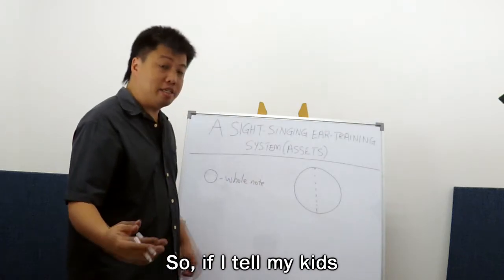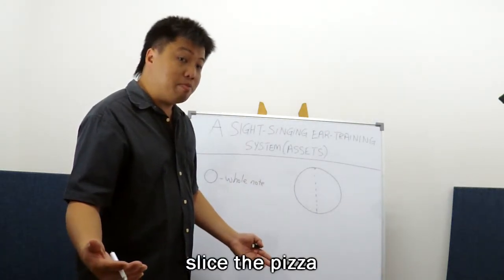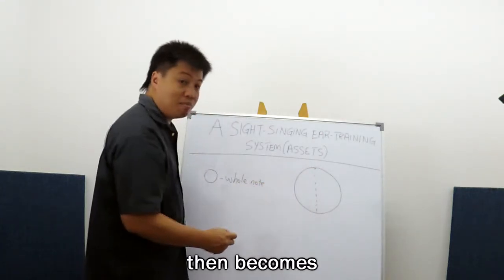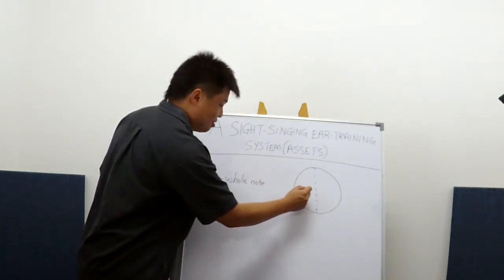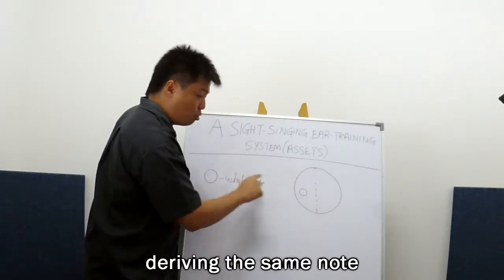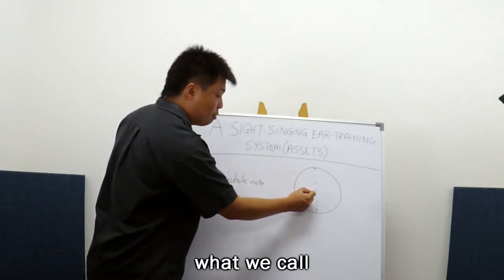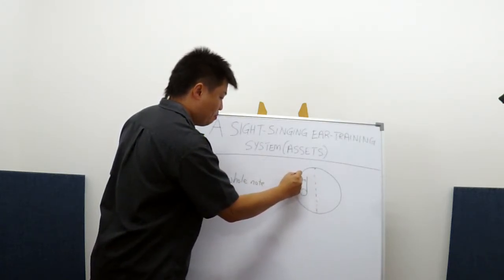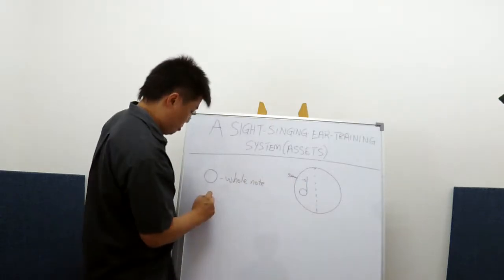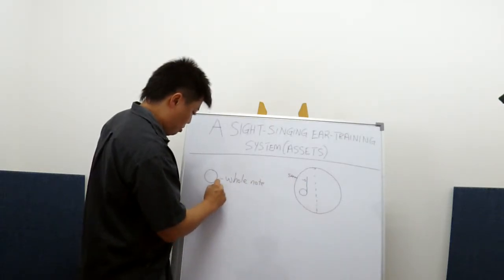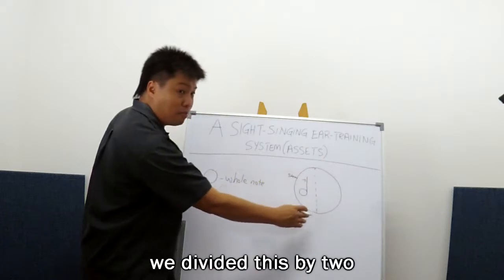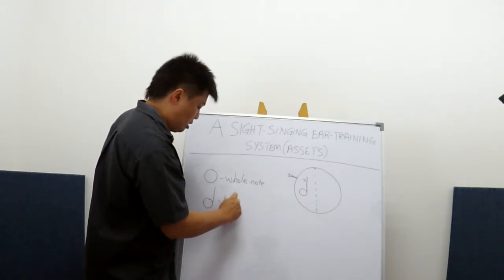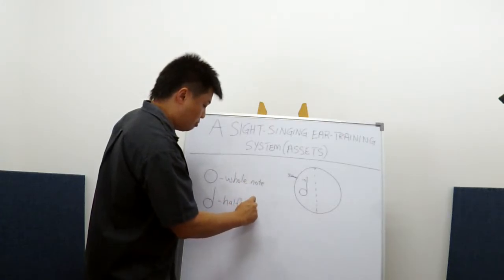So if I tell my kids, slice the pizza into 2, this region then becomes half. So deriving the same note from this, we now have what we call a stem. And because we divided this by 2, the whole note now becomes a half note.